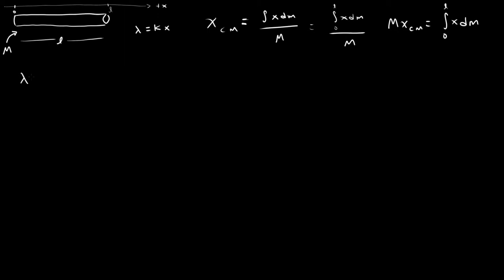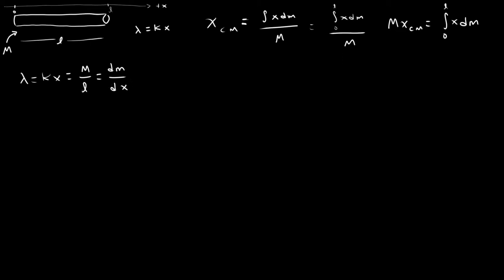We know that the linear mass density is equal to kx, and we also know that it's equal to big M divided by L. And we also know that it's equal to a little piece of the mass divided by a little piece of the length. And a little piece of the length in this example is going to be dx, because the length is measured in x. So we need to find dm in terms of dx, so we're going to multiply both sides by dx.